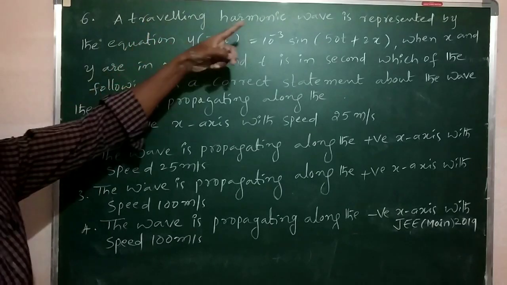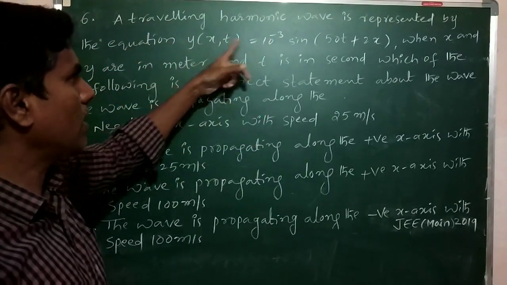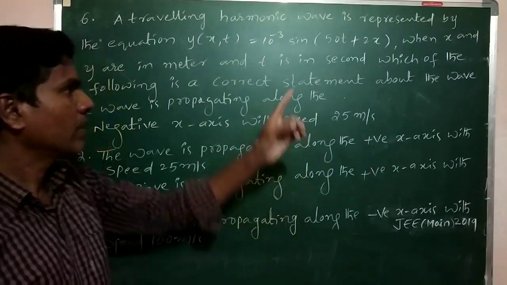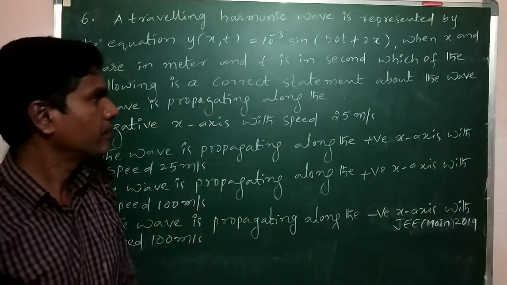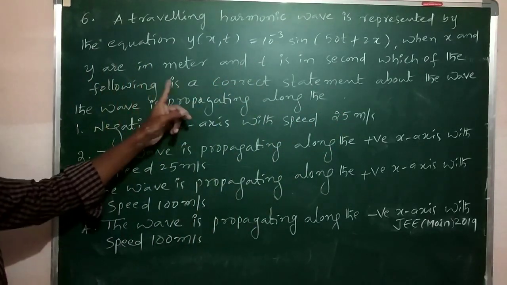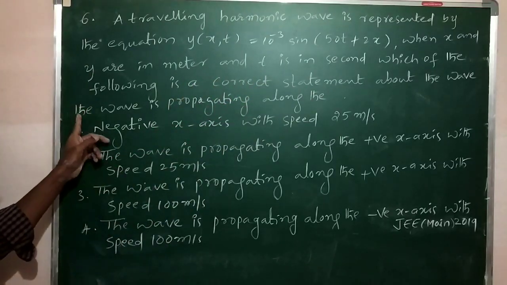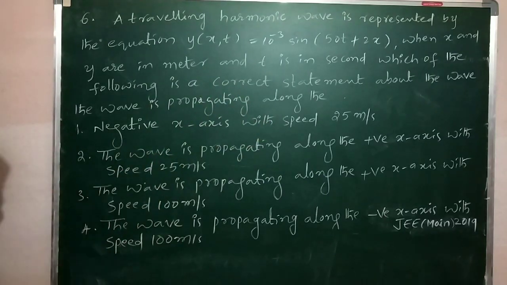A travelling harmonic wave is represented by the equation y of x comma t equal to 10 power minus 3 sine of 50t plus 2x, where x and y are in meters and t is in seconds. Which of the following is a correct statement about the wave? The wave is propagating along which direction?